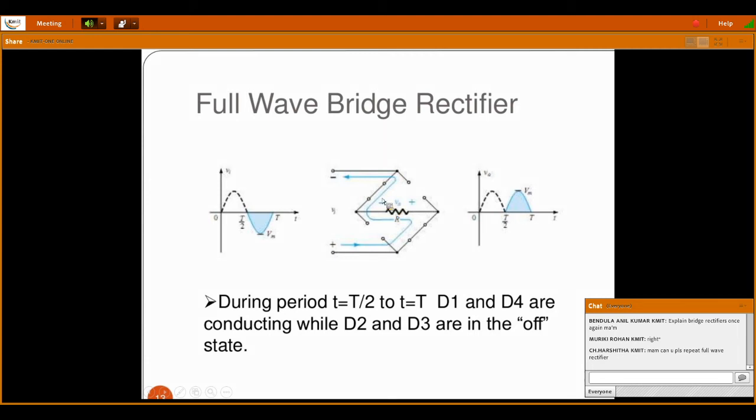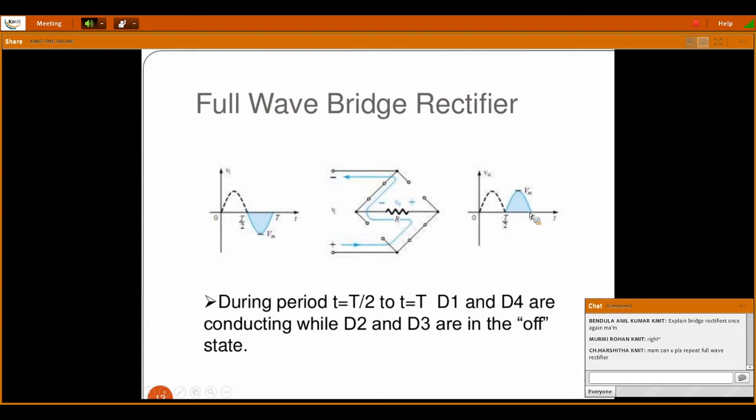Now, when you take the output across the load resistor RL, the polarity of the output current flowing through RL is in the same direction. The arrangement is done in such a way that the current direction is the same in both cycles. That's why you are getting the output positive peak during the negative half cycle of the input signal too.